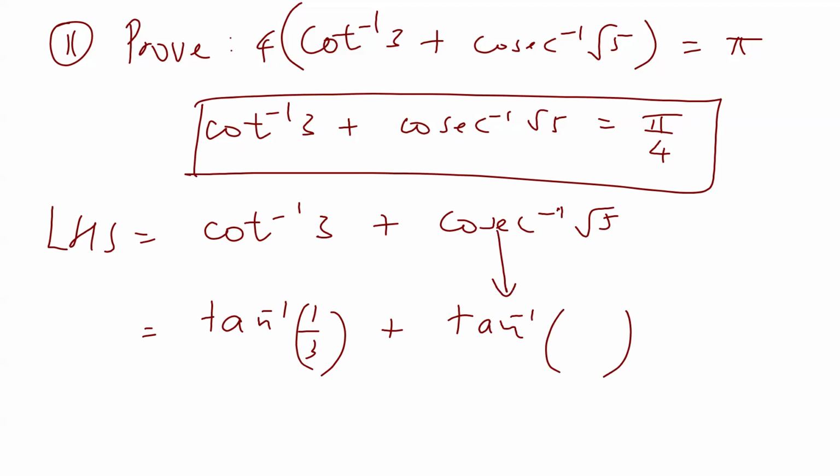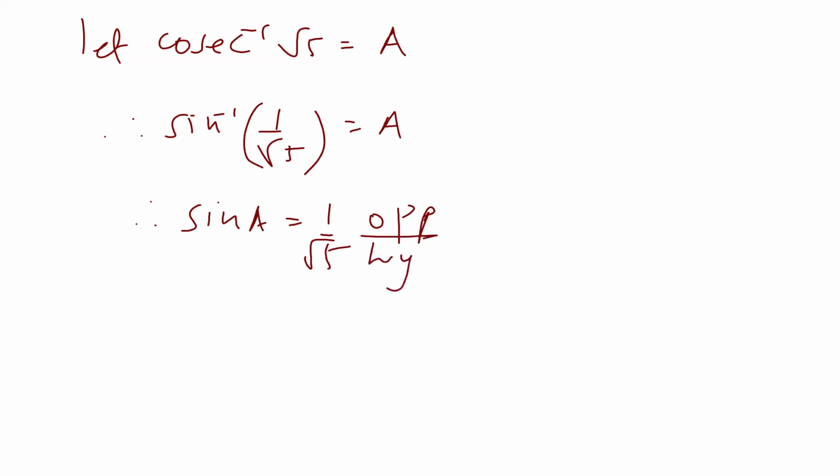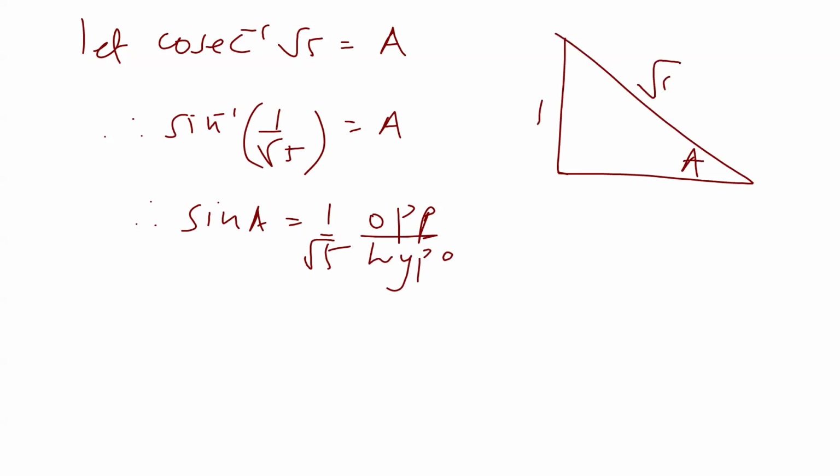Now let's see how to do that. I'll take a new page. Let cosec inverse root 5 be A. Therefore sine inverse of 1 by root 5 is also A. Therefore sin A is equal to 1 by root 5, that is opposite upon hypotenuse. So this is angle A. Opposite is 1, hypotenuse is root 5.